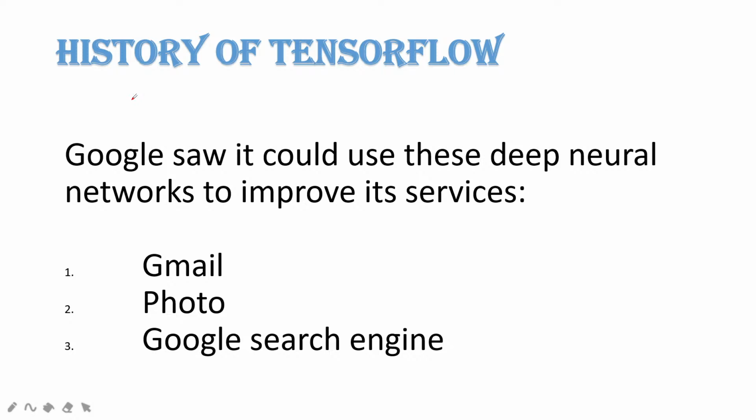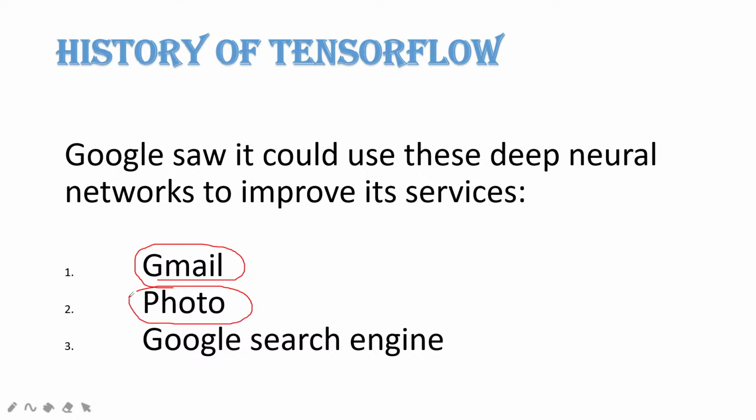Generally, Google itself uses deep neural networks to improve services like Gmail. In Gmail they are using deep neural networks, and also in Photos. Definitely you will know about Google Photos.